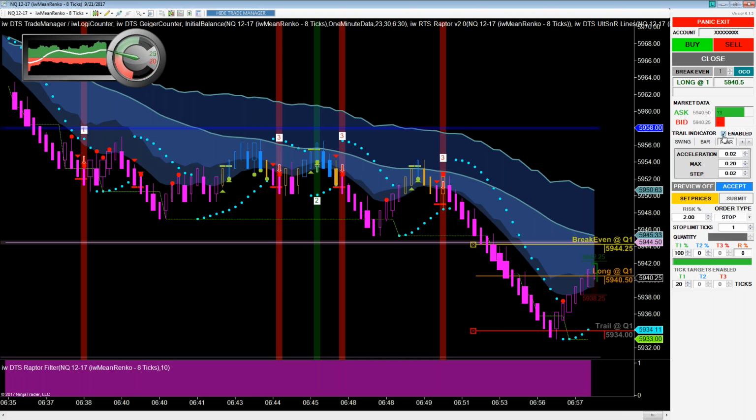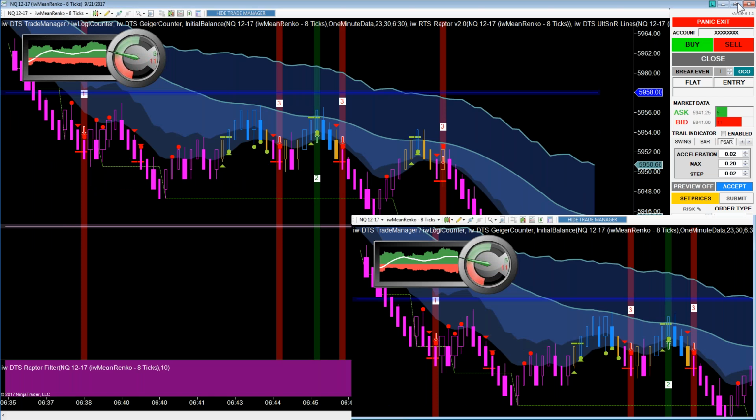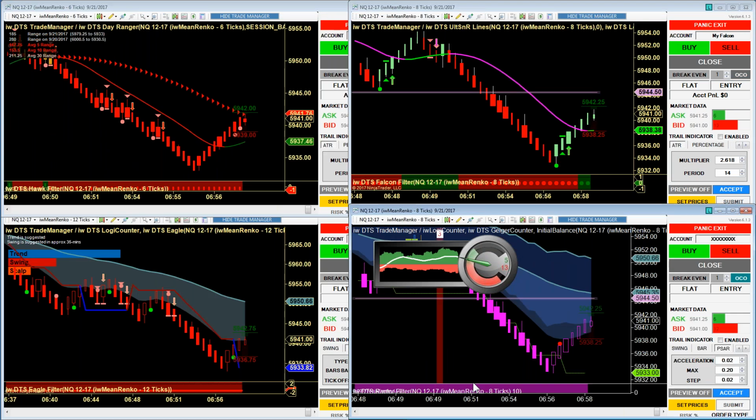So long as your trail indicator is enabled, you'll get your stop, and you should also get your profit target. I should have maybe left that on. I have a feeling that might head a little bit higher.